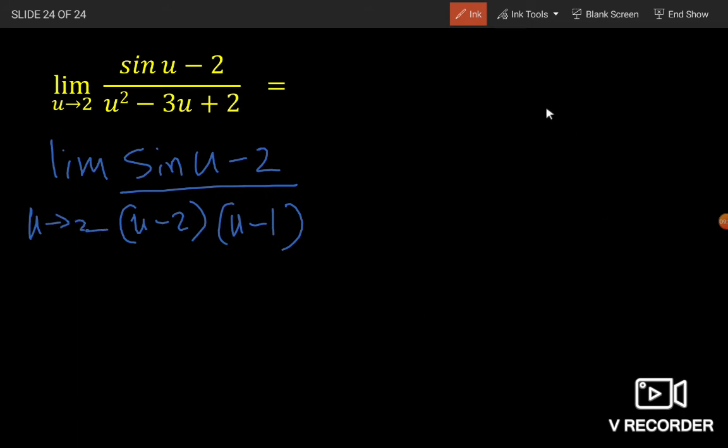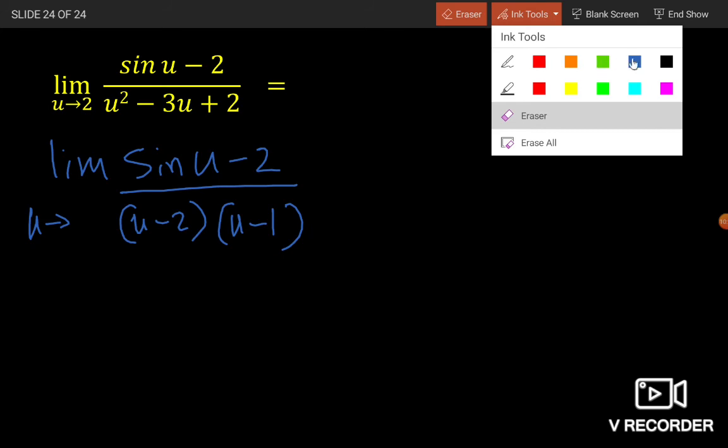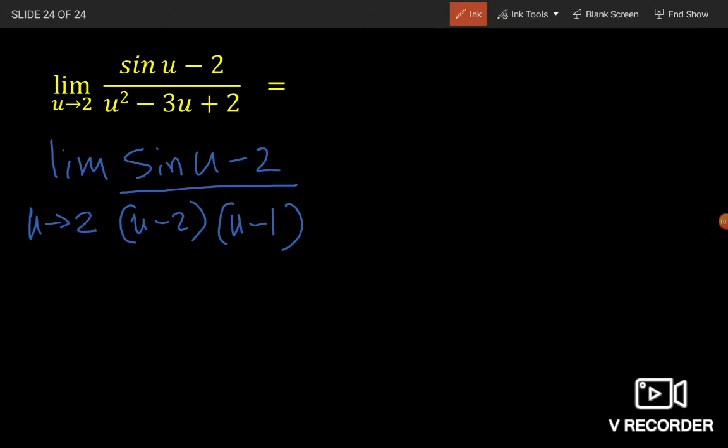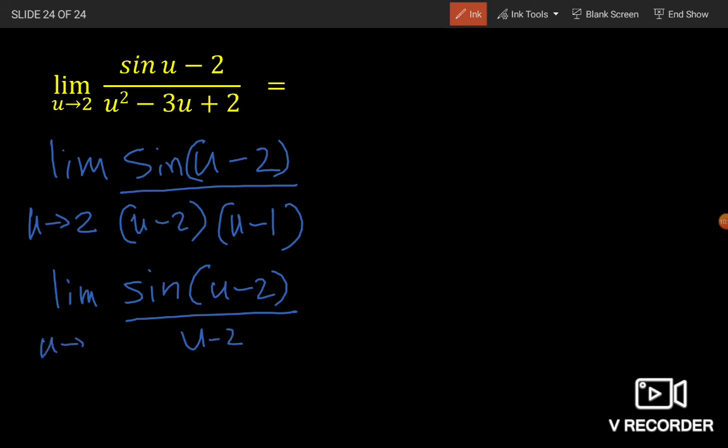Now, let me just clean this up a bit. As u approaches 2, we can rewrite this now as the limit of sine of u minus 2 over u minus 2 as u approaches 2, multiplied by the limit of 1 over u minus 1 as u approaches 2.